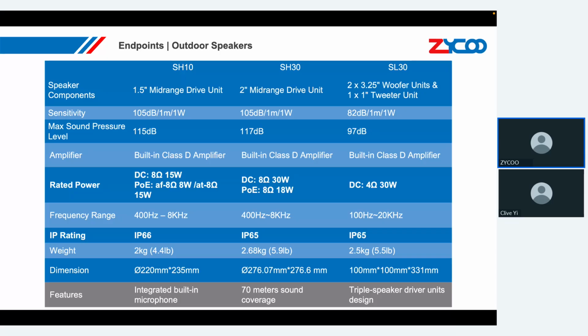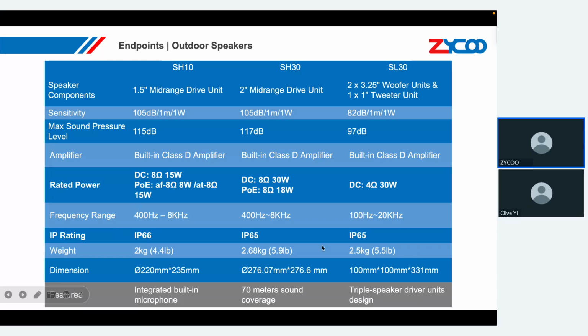So it's very good for outdoor environments where BGM is required to create the ambient atmosphere. So that's the difference between them, and why we recommend different models at different outdoor environments.